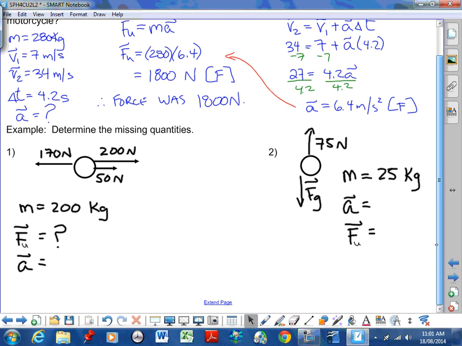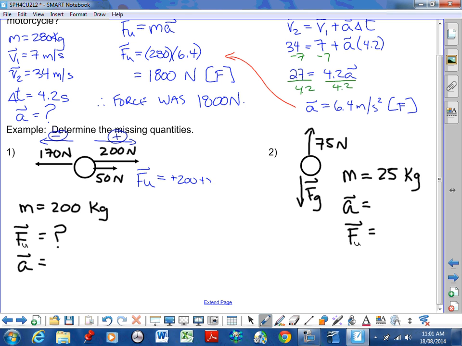Okay, determine the missing quantities here. You might get pictures where you need to find the net force acting. So for my unbalanced force, you can think of it this way: to the right is positive, to the left is negative. When we want to find our unbalanced force, the 200 will be positive because it's facing right.